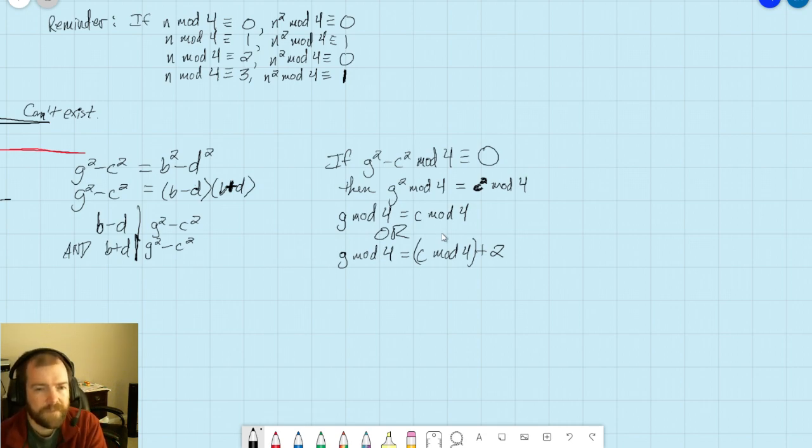Okay. So this is where she then breaks down everything and decides we're also going to work in the mod 2 stuff at the same time. So is it odd or is it even? Anything that's even, as long as g and c are both even, then we're going to get something that is mod 4 equivalent to 0. And then we can't have anything that is of differing parity at this point, because we were just saying what would happen if g squared minus c squared mod 4 is equivalent to 0.